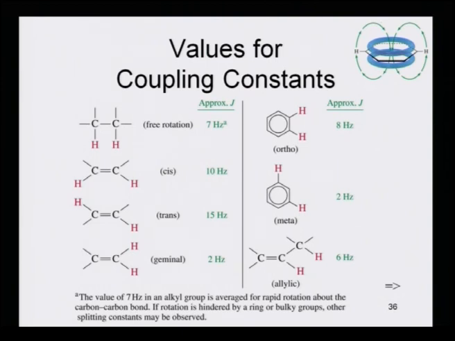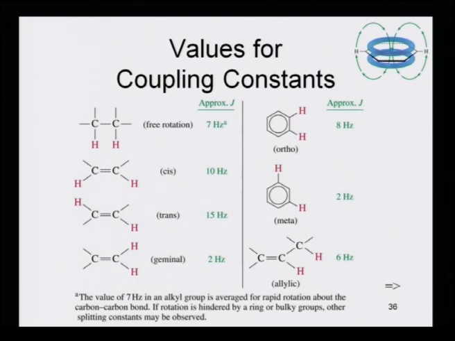If we look at a simple alkane, the two protons on adjacent carbons, because of the free rotation, have approximately a coupling constant of 7 hertz, but the two protons of a cis alkene will have a higher coupling constant, because here rotation is restricted.